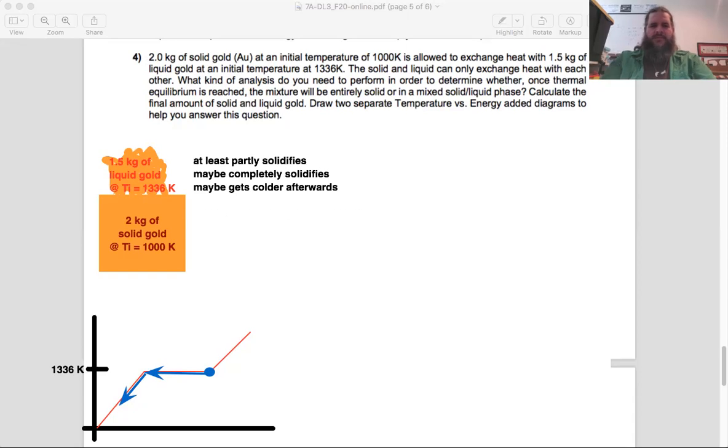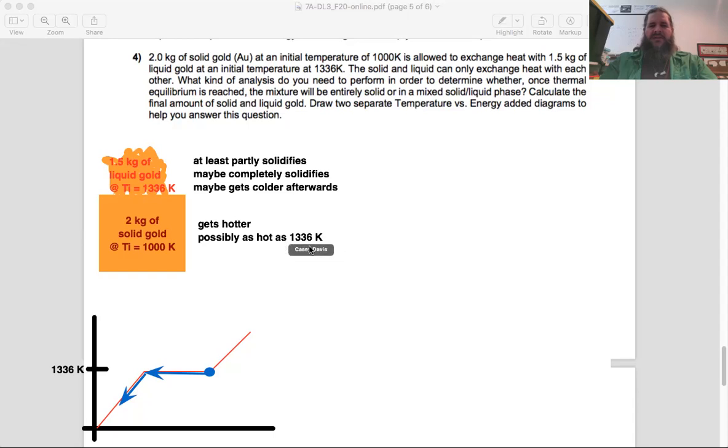Right. Possibly as hot as 1336 Kelvin. In fact, if that happens, if the solid gold reaches 1336 Kelvin, what happens next? It would melt if it reaches 1336 and continues gaining energy.